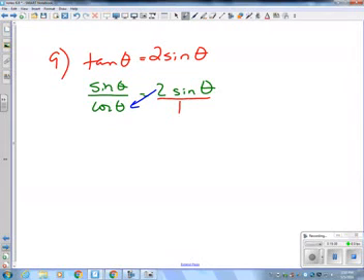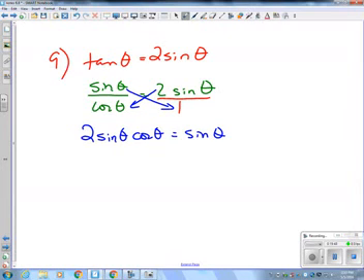I'm going to cross multiply. If I cross multiply, the fractions go away, and I can bring that sine over to the other side by subtracting. And then this becomes a problem more similar to the first one.